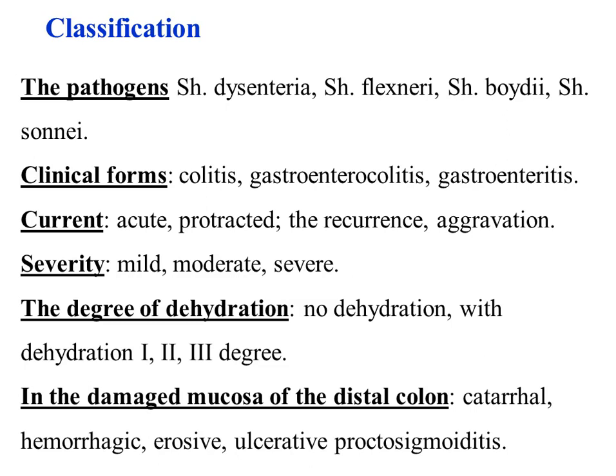Course: acute, protracted, recurrence, aggravation. Severity: mild, moderate, severe. Degree of dehydration: no dehydration, or dehydration of first, second, or third degree. By damage to the mucosa of the distal colon, it can be catarrhal, hemorrhagic, erosive, or ulcerative proctosigmoiditis.